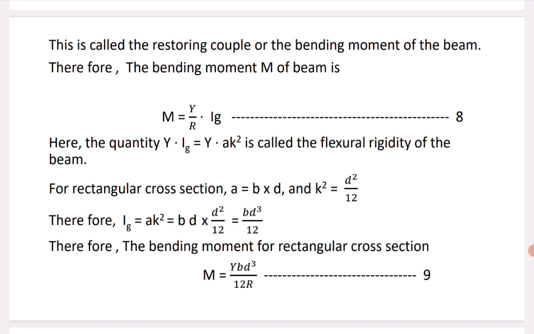Where Ig in equation 8 is replaced by B D cube by 12, equation 8 becomes the bending moment for rectangular cross section: M is equal to Y B D cube by 12 R. Now this is equation number 9.